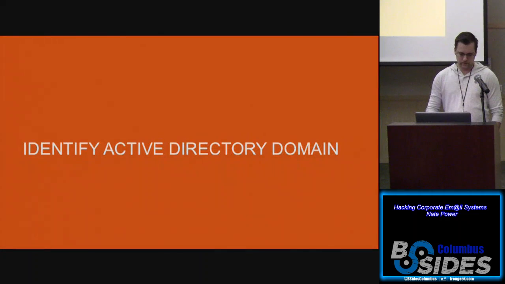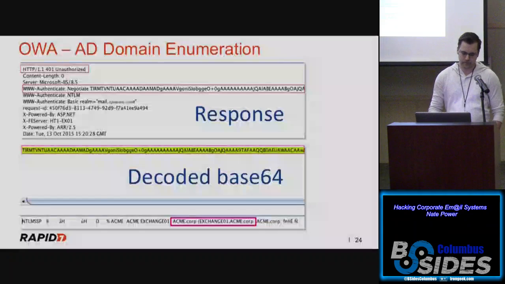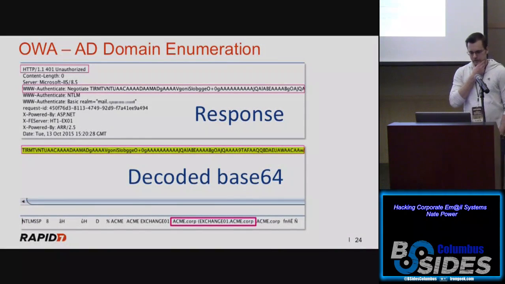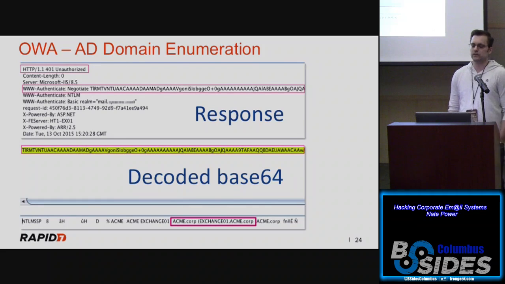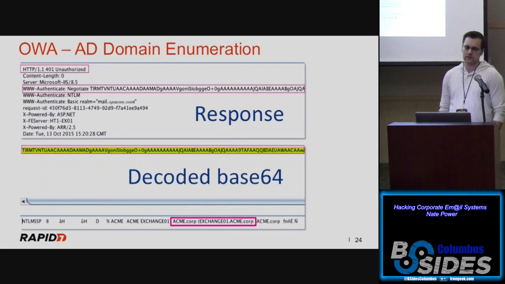Okay, so let's talk about how I'm identifying the Active Directory domain. By default, there are several of these IIS file paths on the OWA that support NTLM. NTLM over HTTP is still a challenge response protocol, where if I send an authentication request to the system, the response back that we would see is this top picture.